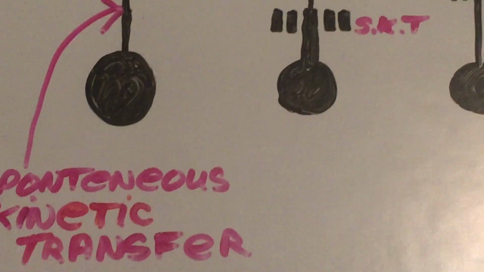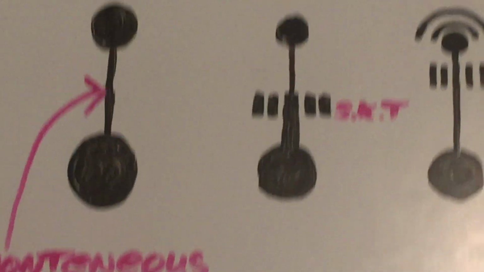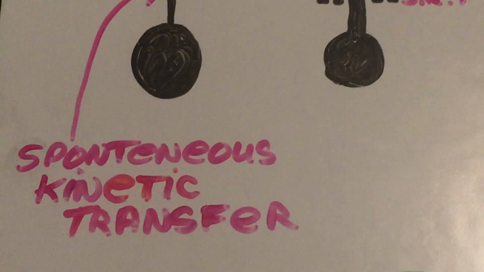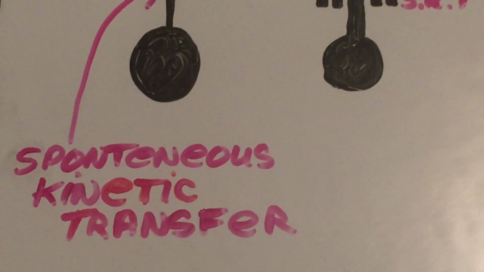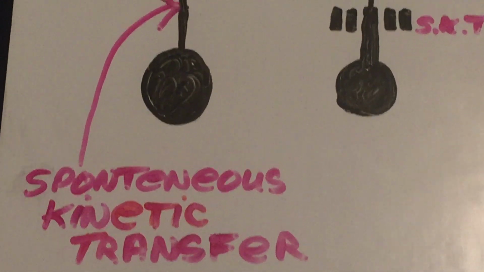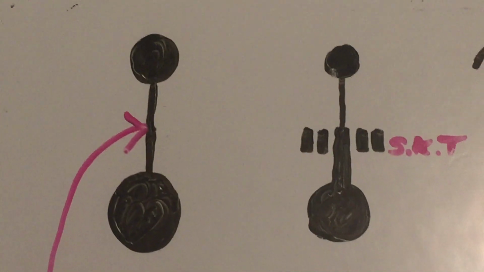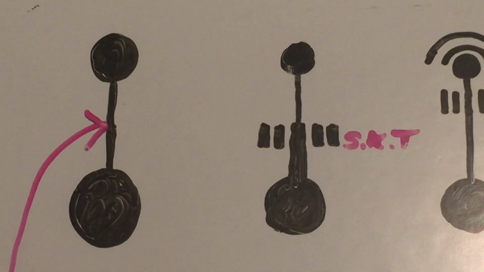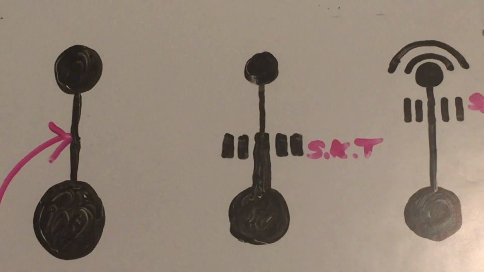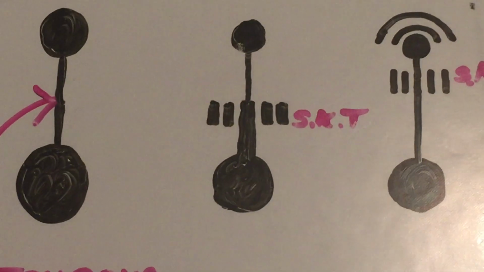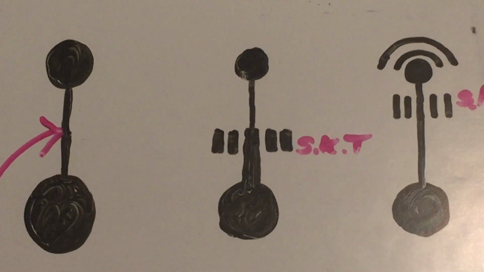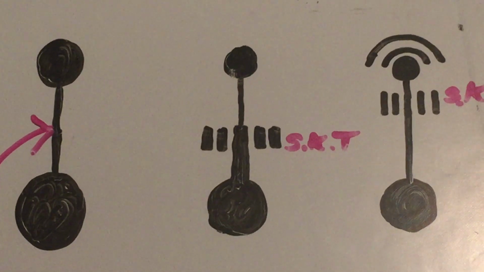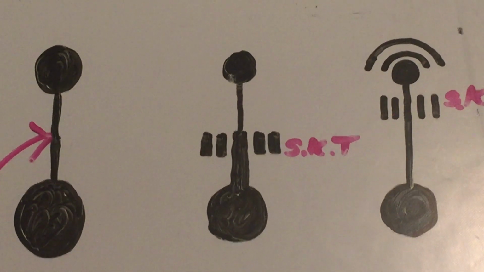Here we have some crop circle images that I drew out, indicating spontaneous kinetic transfer. And what we're dealing with is a quantum level. These are all quantum engineering, perpetual motion machine-like devices, components of the UFO, of the alien ship that's been channeled to me over the decades.